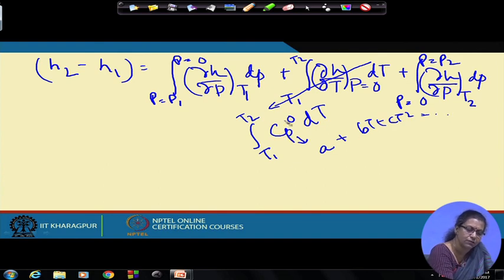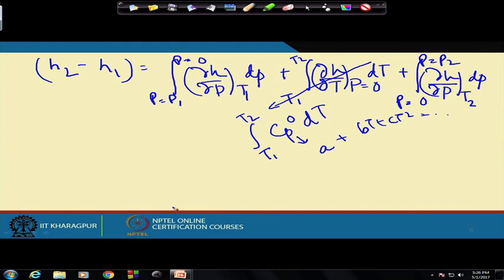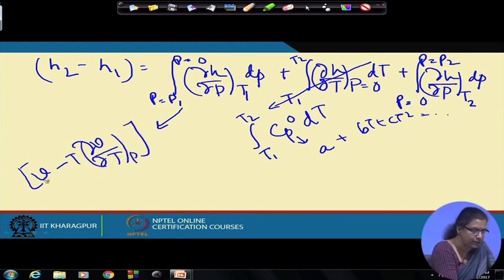So, we can find out Cp0 as a function of T, and we can use that data, due to which we had devised the roundabout path in bringing about the change of state from P1 T1 to P2 T2. Now if I complete this particular equation, what do I get? The first term is nothing but the integral of V minus T del V del T at constant P dP, from P equals to P1 to P almost 0.